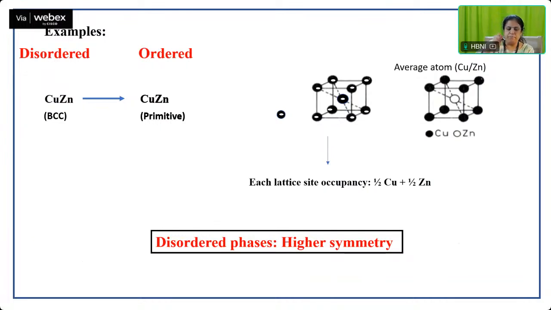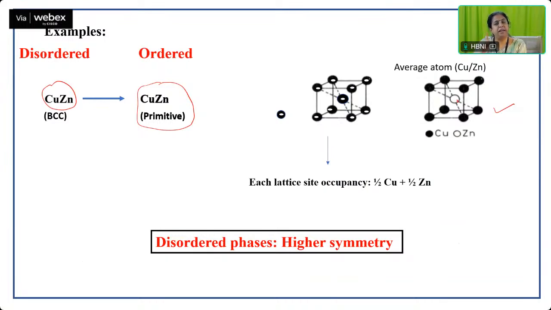Now an example to show you ordering and disordering. This is your beta brass, the alloy of copper and zinc. At low temperature, it occurs as a primitive lattice. This is your low temperature phase, where let's say zinc is present in the body center and copper is present on the corners. Now this is a primitive lattice because I cannot call it a body centered lattice.